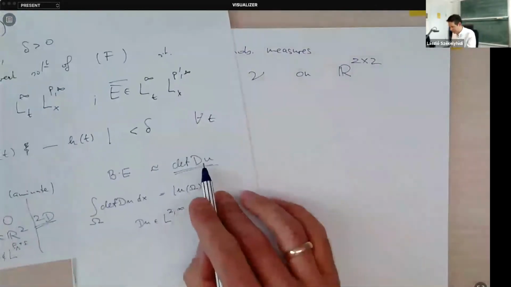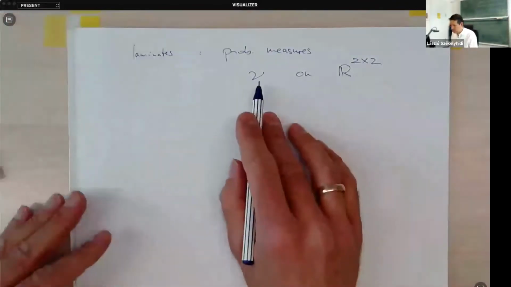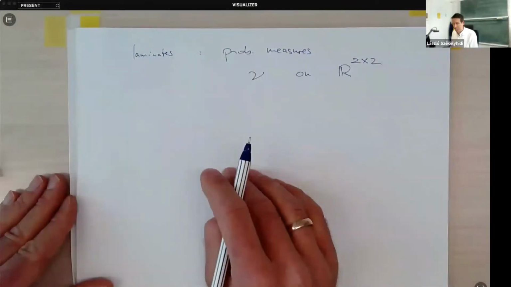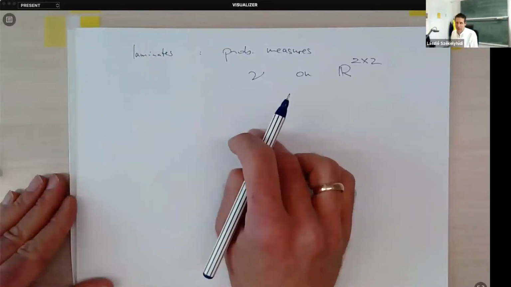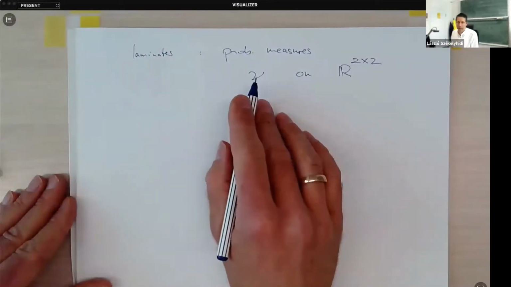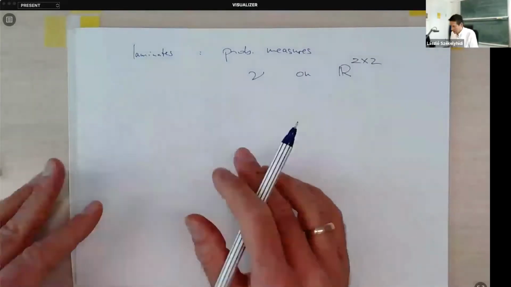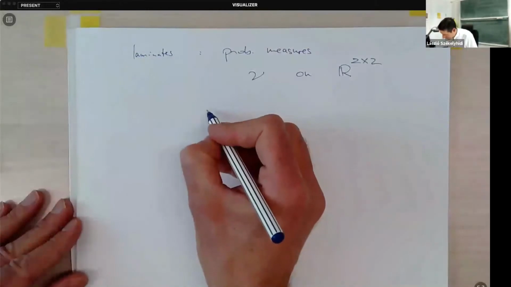So du would take values in the space of 2 by 2 matrices, and so you take a probability measure on 2 by 2 matrices, but they are constructed along rank one combinations, these measures. Not any probability measure is a laminate, but the ones that are constructed by this sort of lamination along rank one lines can be constructed.